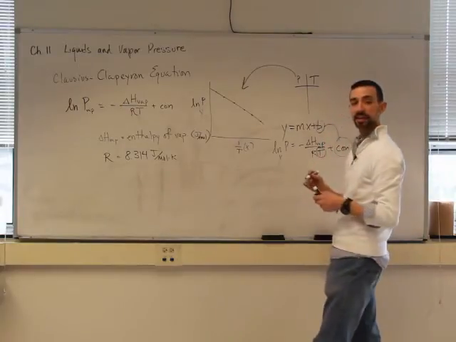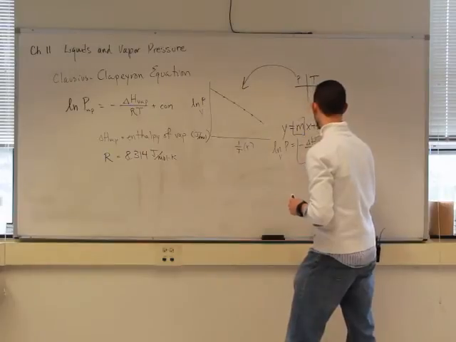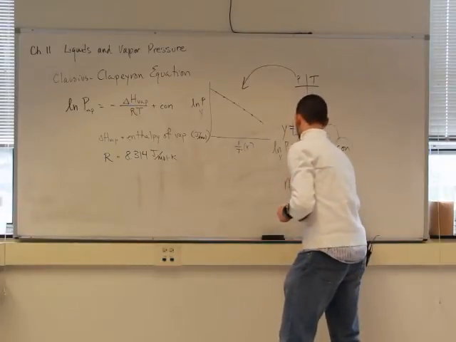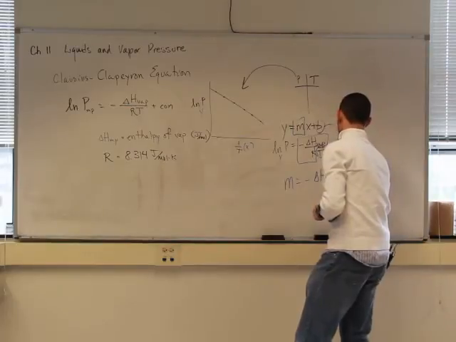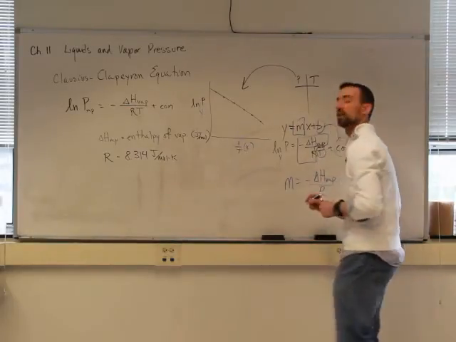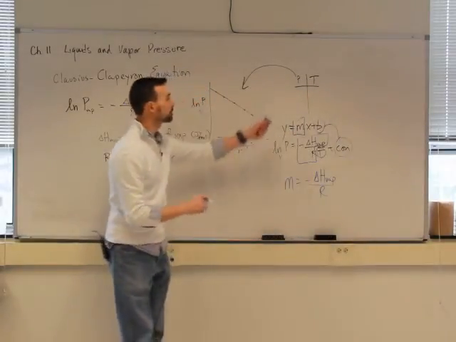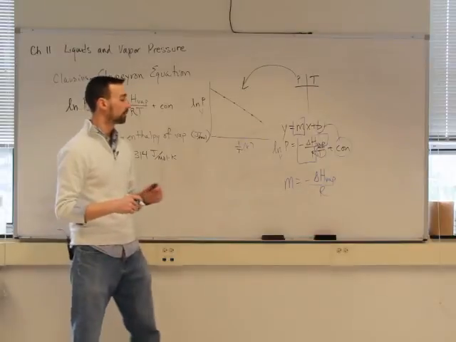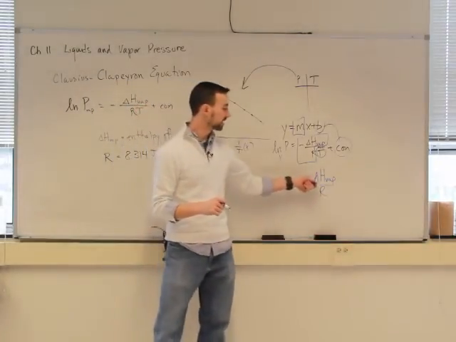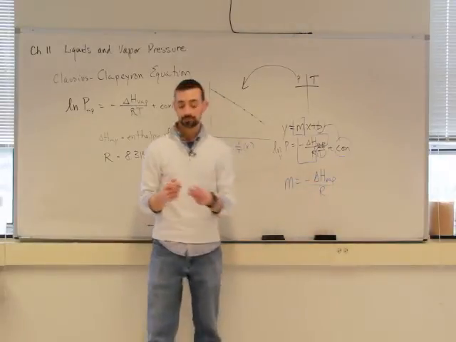It's in the denominator, which leaves the slope of this graph to be the negative delta H VAP divided by R. And this is what we'll be doing in lab next week. We'll collect vapor pressures at different temperatures for some materials, and we'll be trying to determine delta H vaporization, the enthalpy of vaporization. Okay?